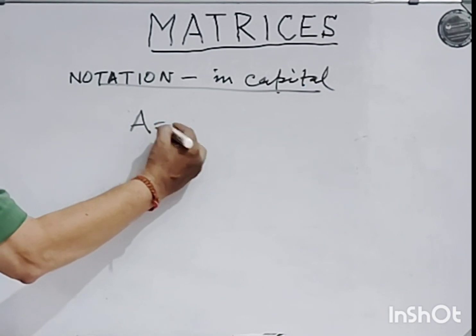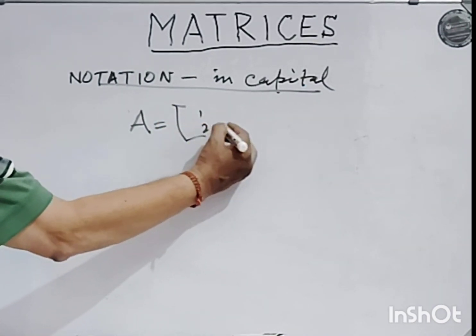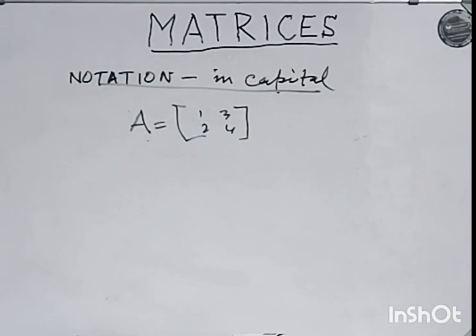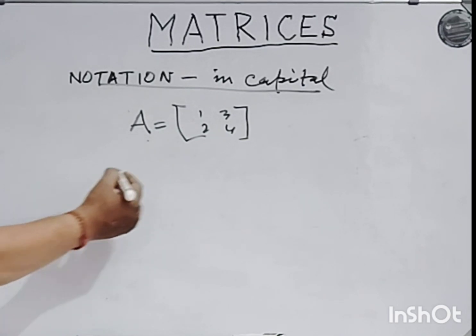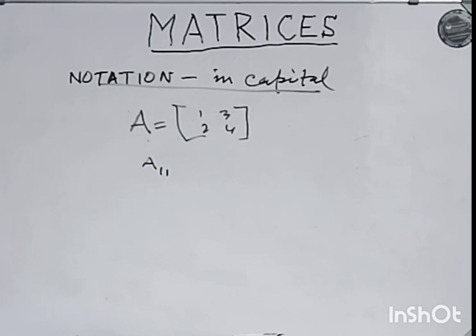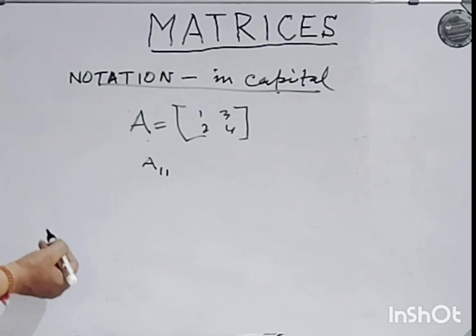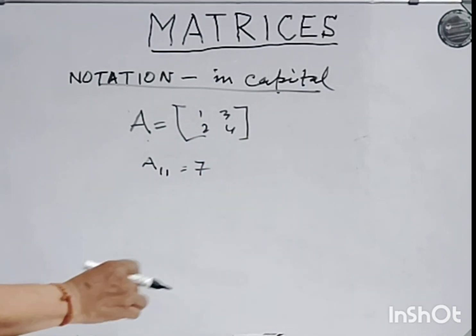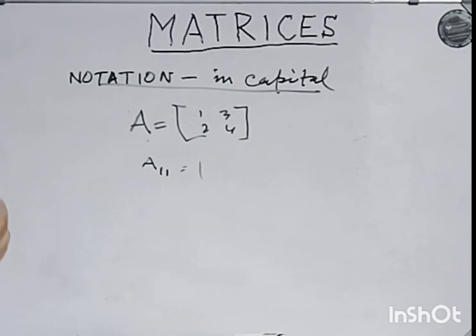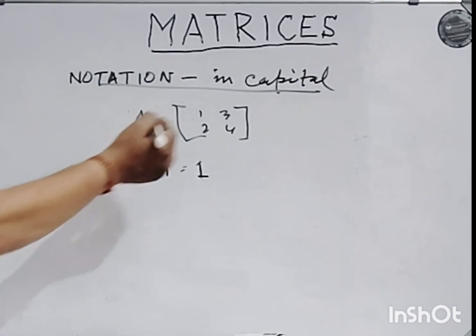So if I write A11, that means first row, first column, it is 1.